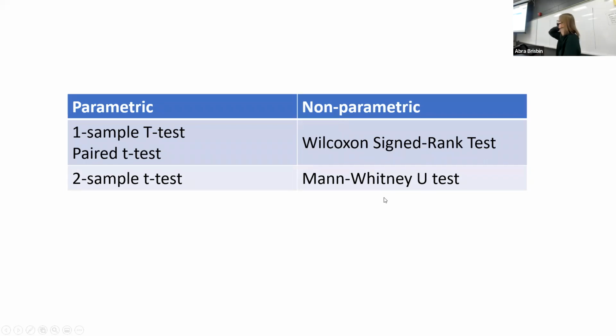So here's a summary of what we just talked about. If we have a 1-sample t-test or a paired t-test, the non-parametric analog of that would be the Wilcoxon signed rank test. A 2-sample t-test has as its non-parametric analog the Mann-Whitney U test.